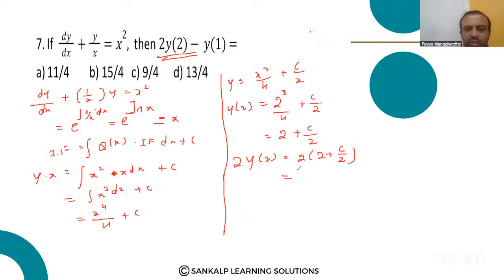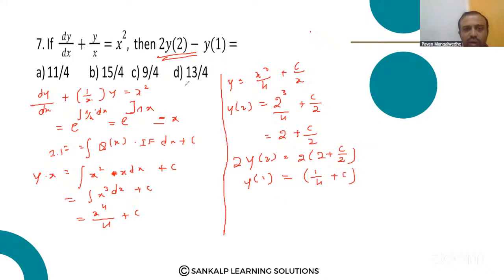So which is 2 into 2 plus c by 2. Then y of 1 will become what? It is 1 by 4 plus c.